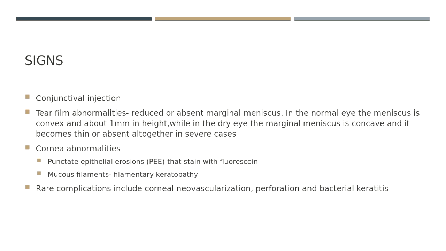As I showed you in that first slide, you get punctate epithelial erosions that stain with fluorescein. And in very dry eyes, you also get mucous filaments, and we call that a filamentary keratopathy. And in rare complications, in a severely dry eye, you may see corneal neovascularization, perforation, and even infections, bacterial keratitis.